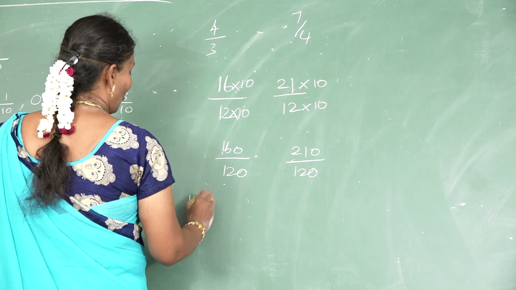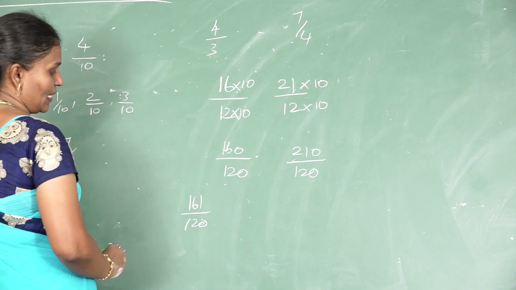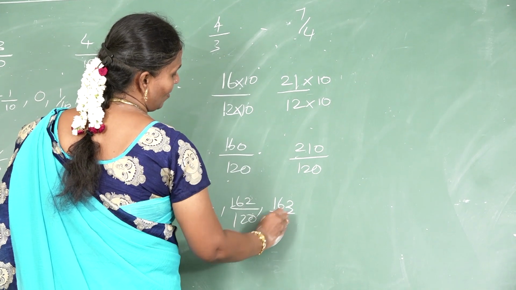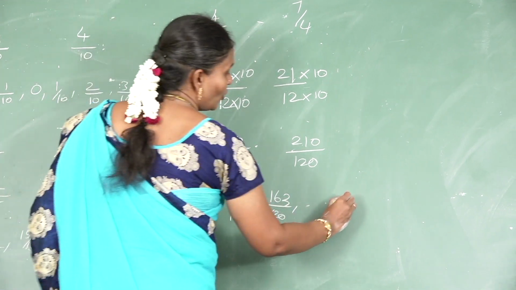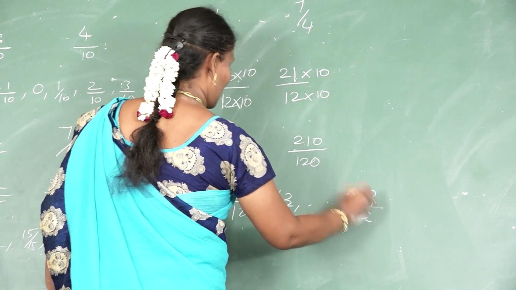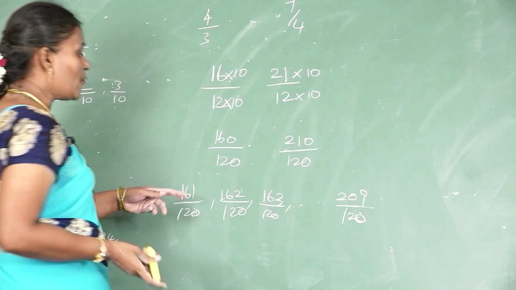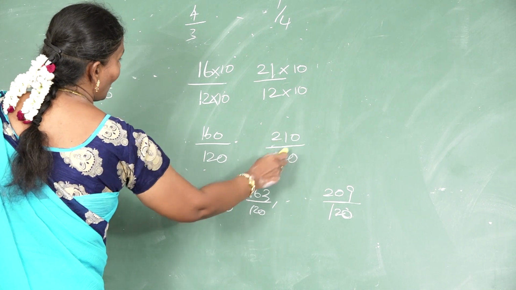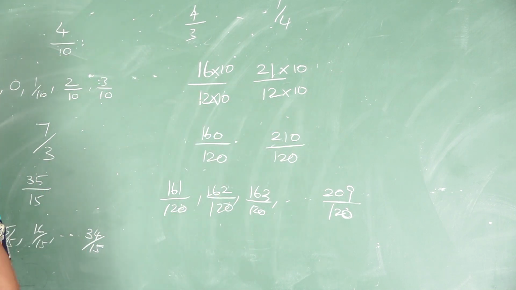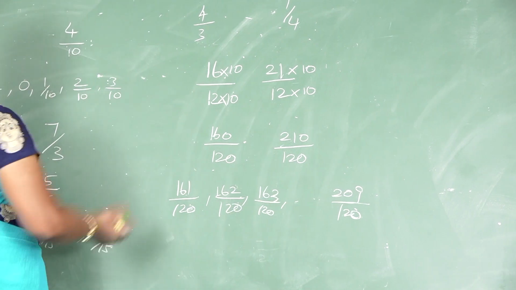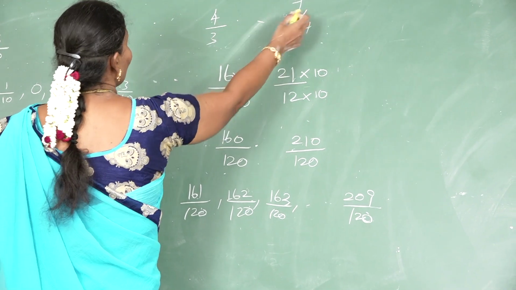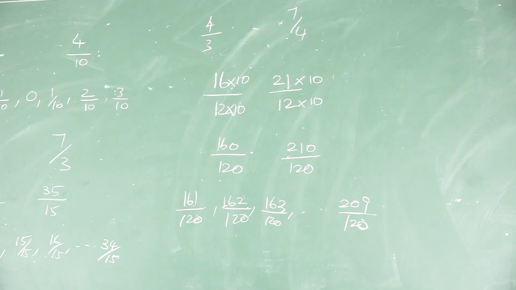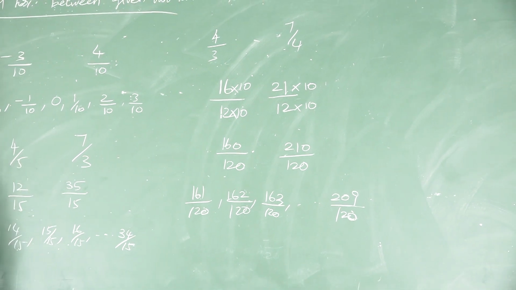For example, 161 by 120, 162 by 120, 163 by 120, etc., up to 209 by 120. Here we take any 25 rational numbers in between 160 by 120 and 210 by 120. That means these rational numbers lie between 4 by 3 and 7 by 4. Do you understand how to find the rational numbers in between two rational numbers?